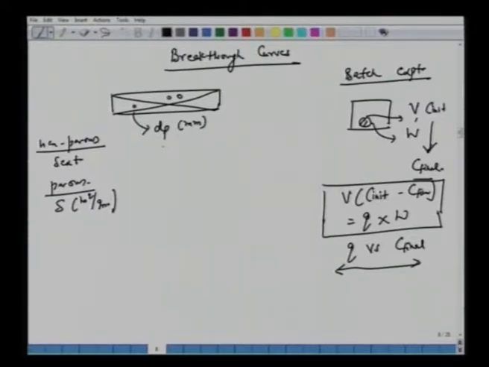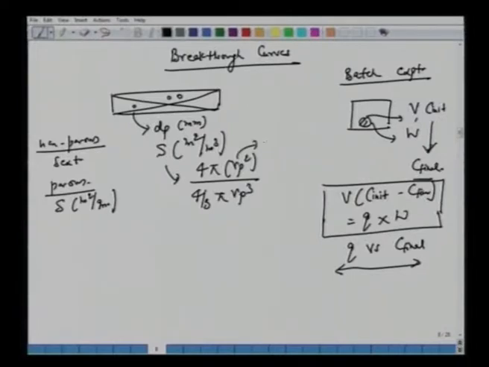So we have dp, and we have S, the external surface area per cubic meter volume. That is 4 pi rp square over 4 by 3 pi rp cube, where rp is the radius of the particles. So we know this dp, and we know this external surface area. Let's say we have put a certain W, in gram or kilogram, of this adsorbent.